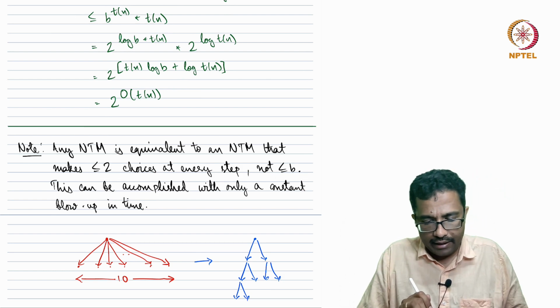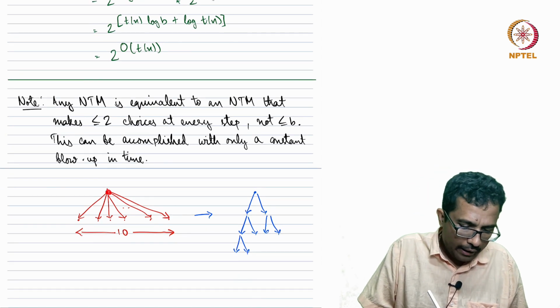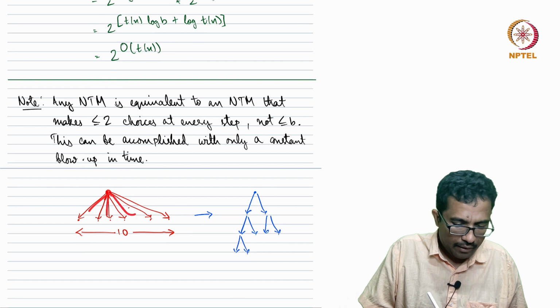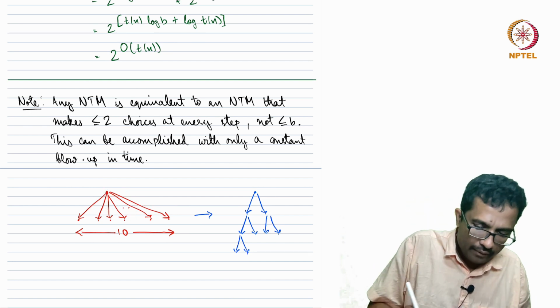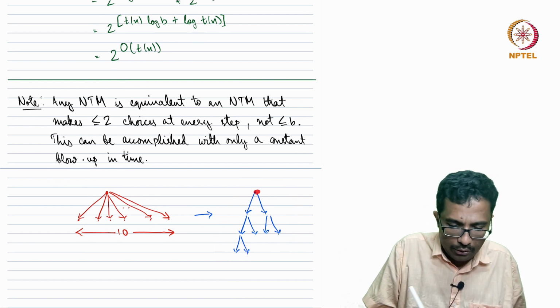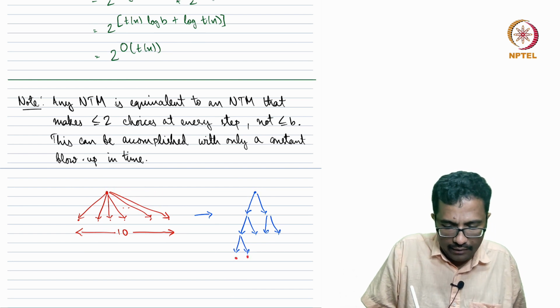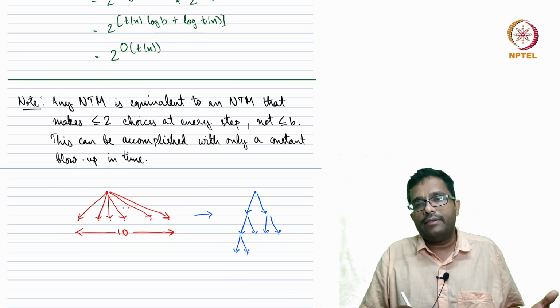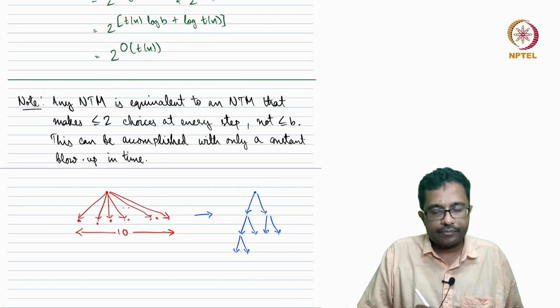Why is that? That is because, let's say a node has 10 children. We can replace that one node with 10 children with a small tree. So this node corresponds to this node here, and this small tree will have 10 leaves, and these 10 leaves correspond to the 10 children here.